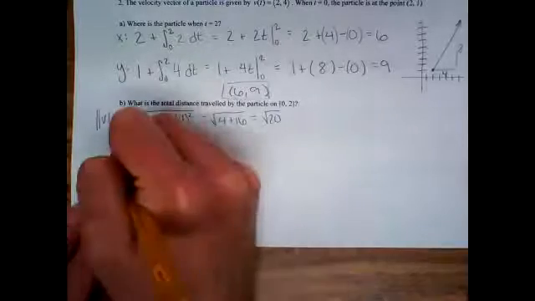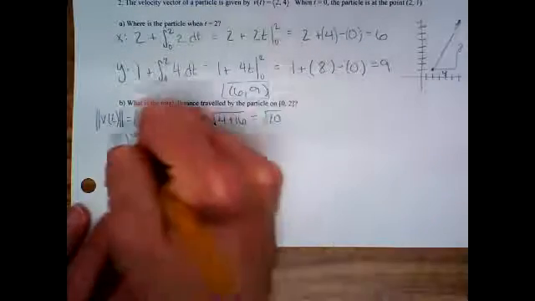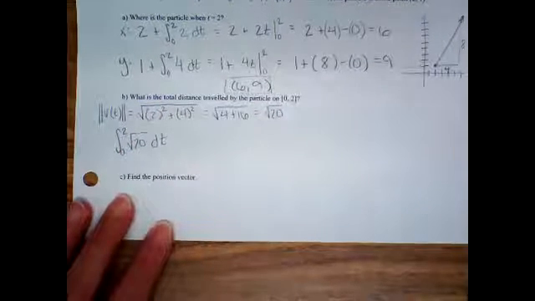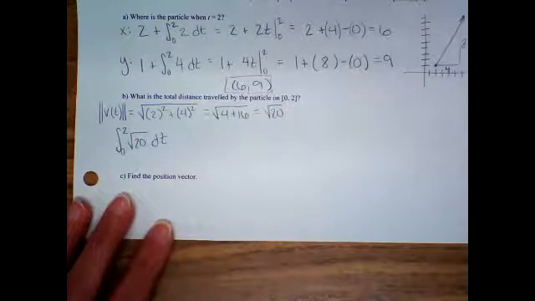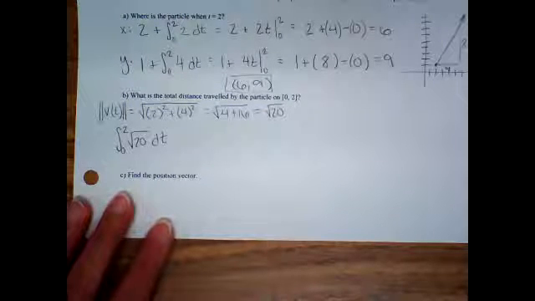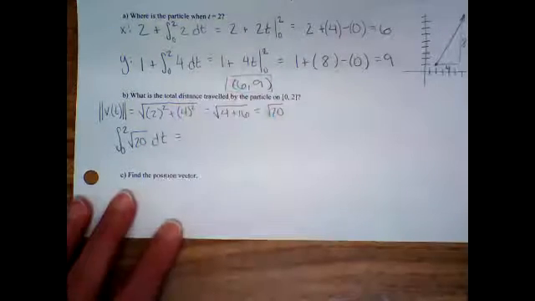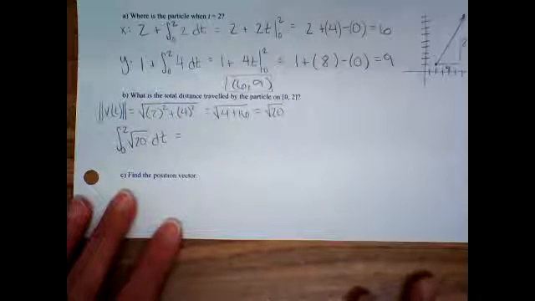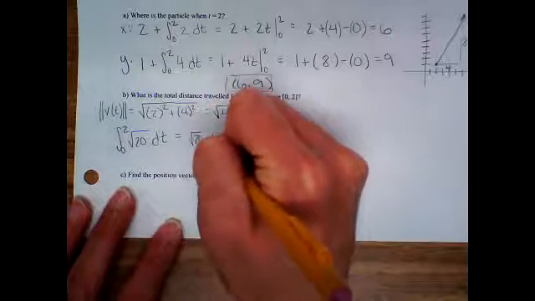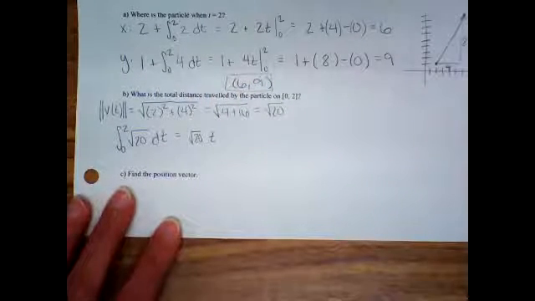Total distance means you accumulate. So it would be from 0 to 2 of that magnitude. So you find the magnitude, and then that's what goes inside your integral. So it's accumulating from 0 to 2, square root of 20 dt. So what's your antiderivative of square root of 20? Yeah, square root of 20 t, just like antiderivative of 2 was 2t.